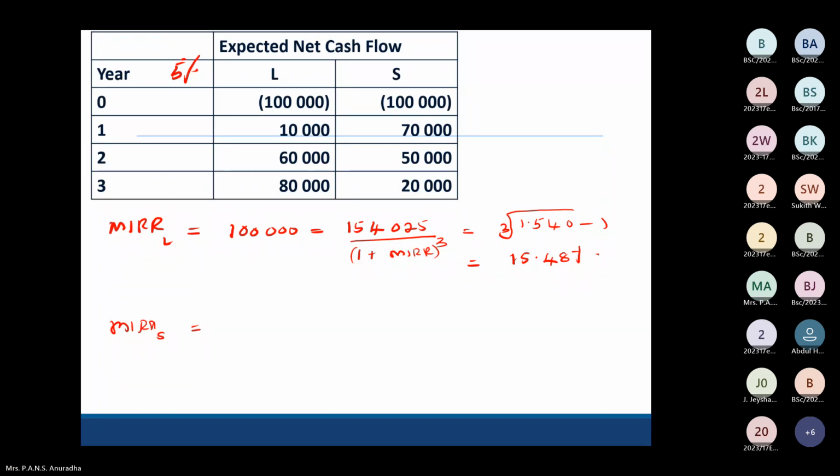So it is 1.496, so your MIRR will be 1.4967 to the power of one third, minus 1. Is it 14.36? 36 or 37?